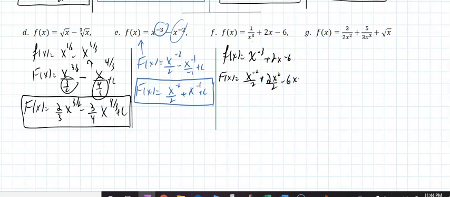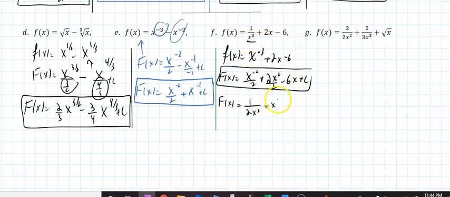And that must have been 6x plus c. So again, this is accepted on a test. But if this problem was in the back of the book, since they had a positive power, they will simplify and write it as a positive power.